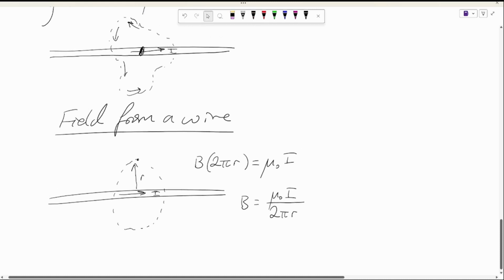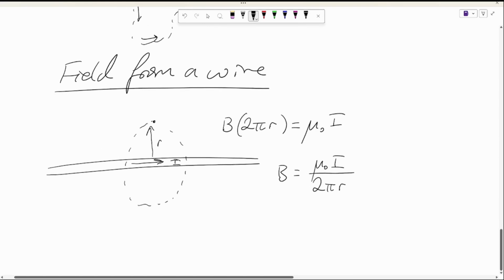The reason this works is, we already know just by thinking about how field forms from a moving point charge that the field of this wire is just going to be going around in a circle like this.